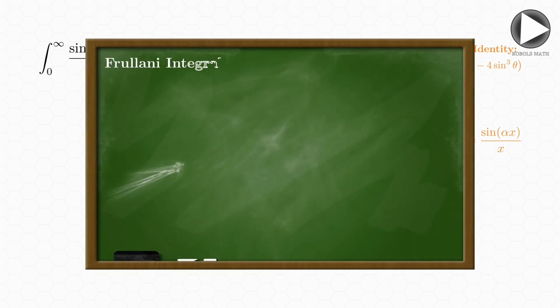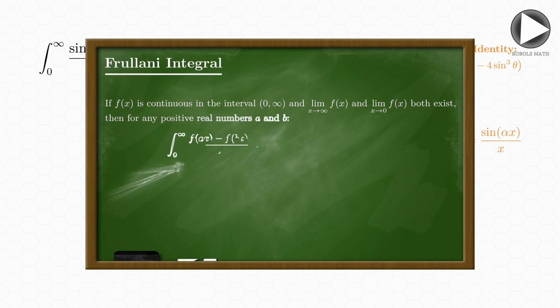The Frullani integral says that if a function f of x is continuous on the interval 0 to infinity, and that the limits of f of x as x approaches 0 and infinity both exist, then for any positive real numbers a and b, we have the integral of f of ax minus f of bx all over x from 0 to infinity being equal to the limit of f of x as x approaches infinity minus the limit of f of x as x approaches 0, and this difference multiplied by ln of the ratio of a and b.